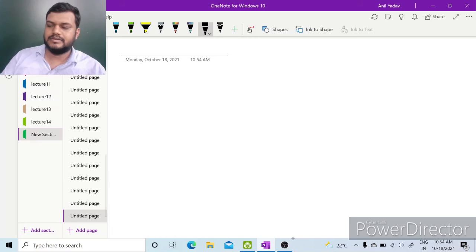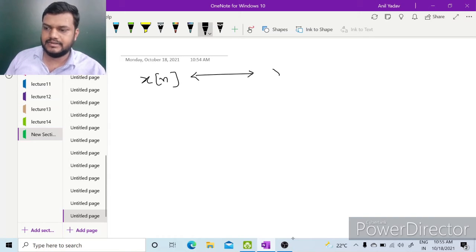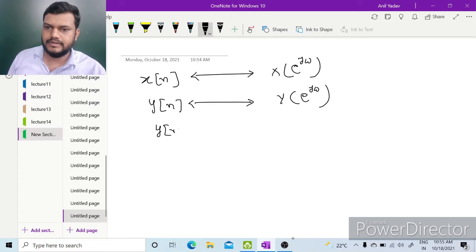So let us see one another question. Let us say x(n) has DTFT as X(e to the power j omega), y(n) has DTFT as Y(e to the power j omega), and y of n is (n minus 1) whole square times x of n.